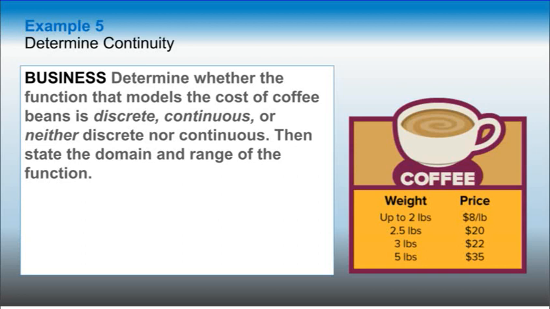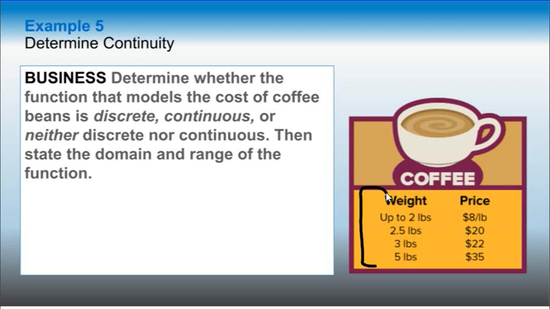Next example. Determine whether the function that follows the cost of coffee beans is discrete, continuous, or neither, and then state the domain and range of the function. Now for this one, if we look at the weights, you can go up to 2 pounds. So from 0 to 2 pounds, you have one cost, which is $8 a pound.